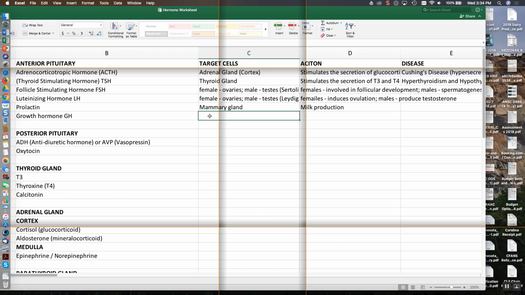I'm going to say various. What is the action? This is important. Acts through IGF-1 to stimulate growth. Also synergistic with thyroid hormones.